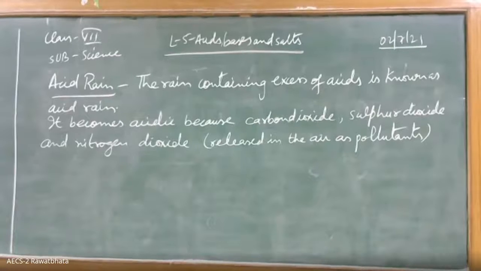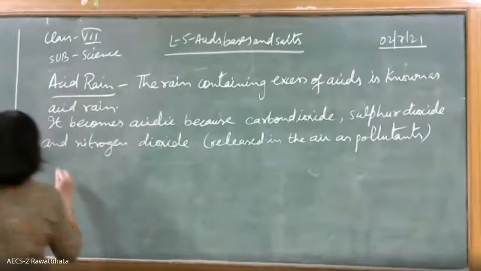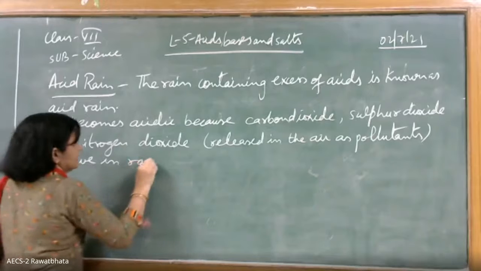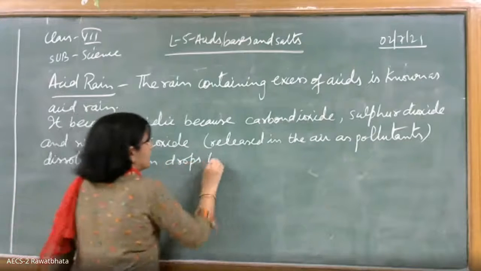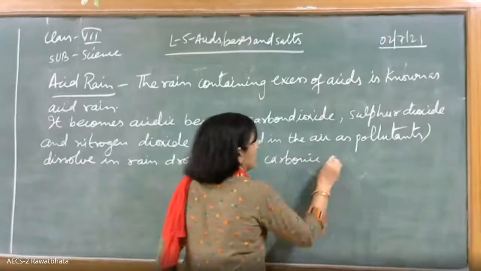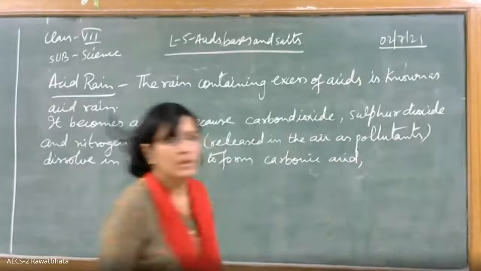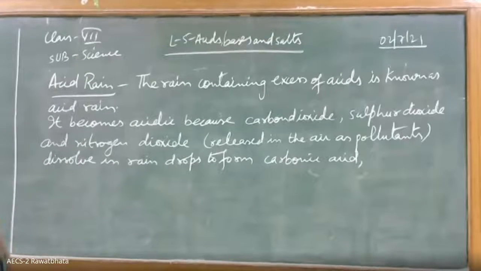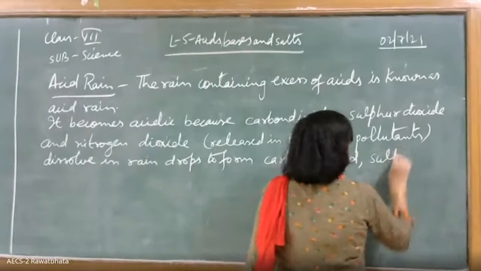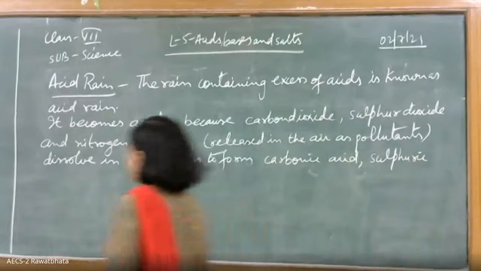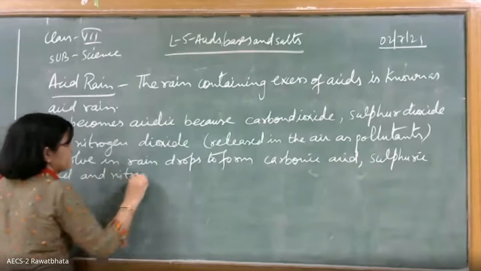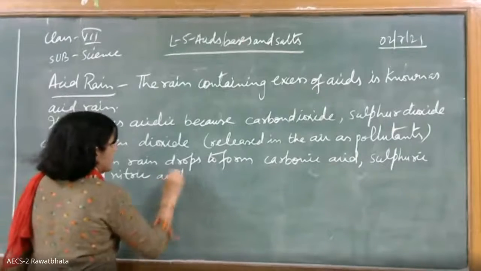They dissolve in raindrops to form carbonic acid, sulfuric acid, and nitric acid, respectively.